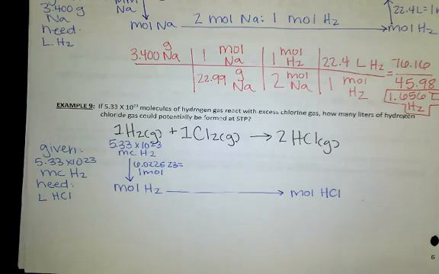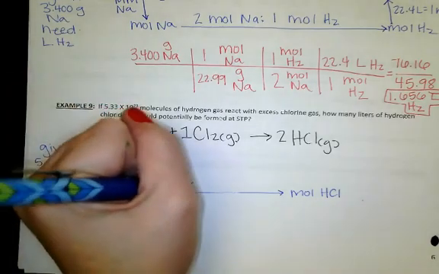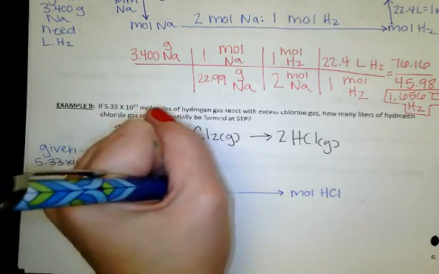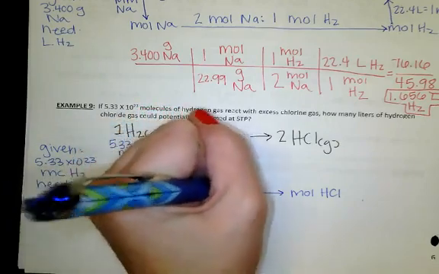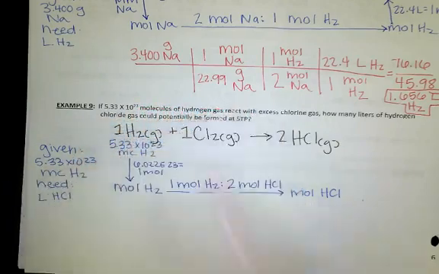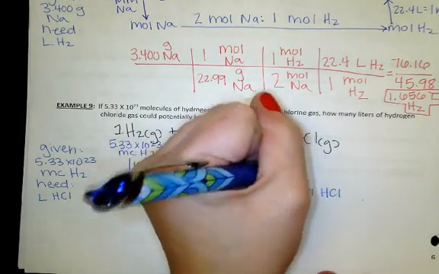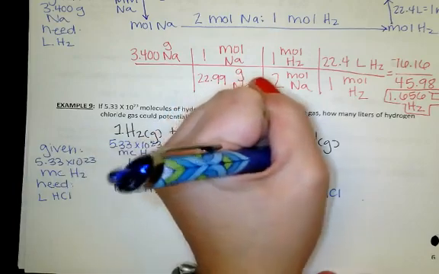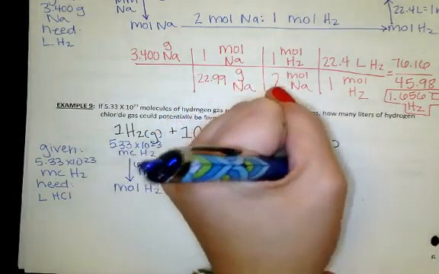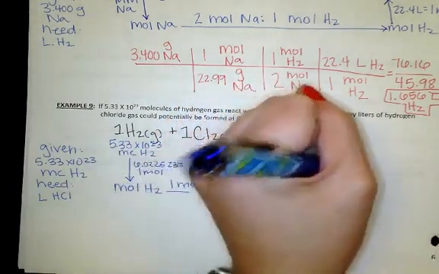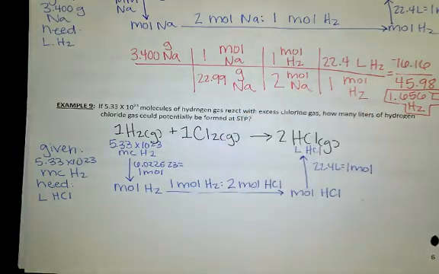So we have 1 mole of H2 to 2 moles of HCl. Okay, we're going to use that ratio. Then we're going to go from moles of HCl to liters of HCl using that 22.4. There's 22.4 liters in 1 mole. Okay, so that is our map.